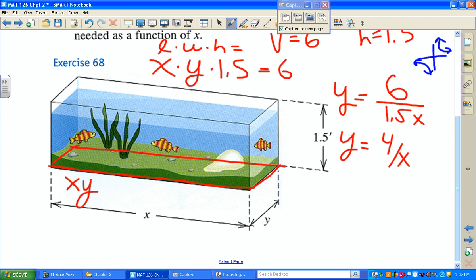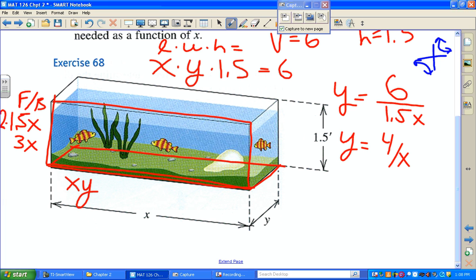Oh, well, I don't need a top, do I? What about the front? What's the front going to be? Yeah, the front is going to be 1.5x. I need two of those. Yeah, good. One for the front, one for the back. So I need two of those, 2 times, which is 3x.